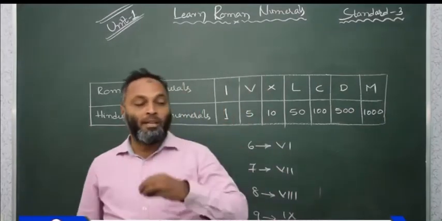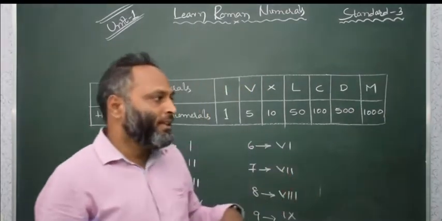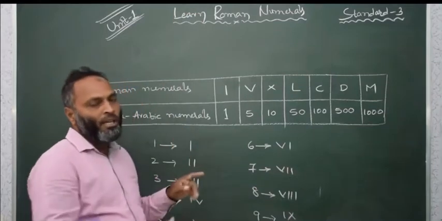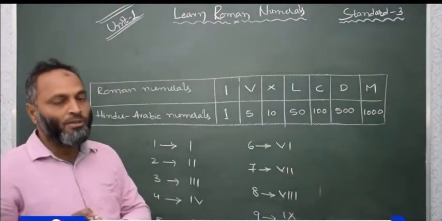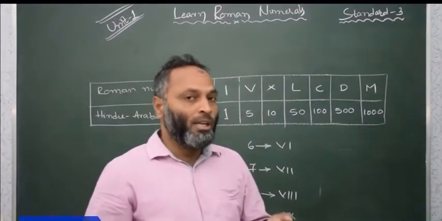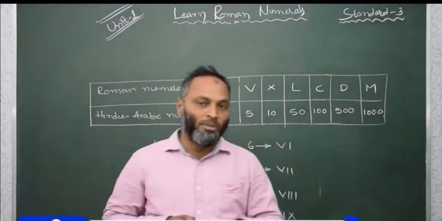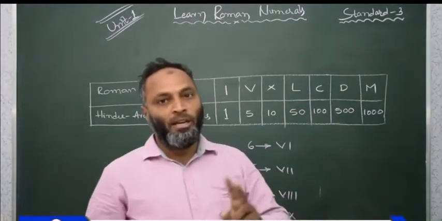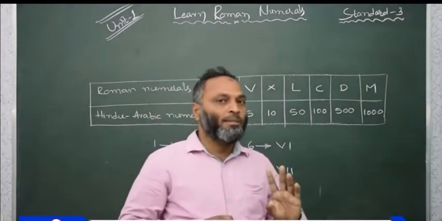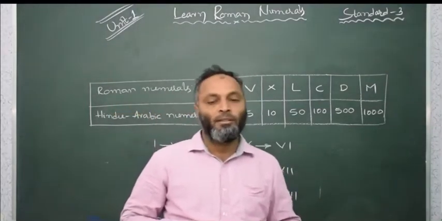If it repeats 3 times, we have to add 3 times. This is the first rule we have to follow in Roman numerals.